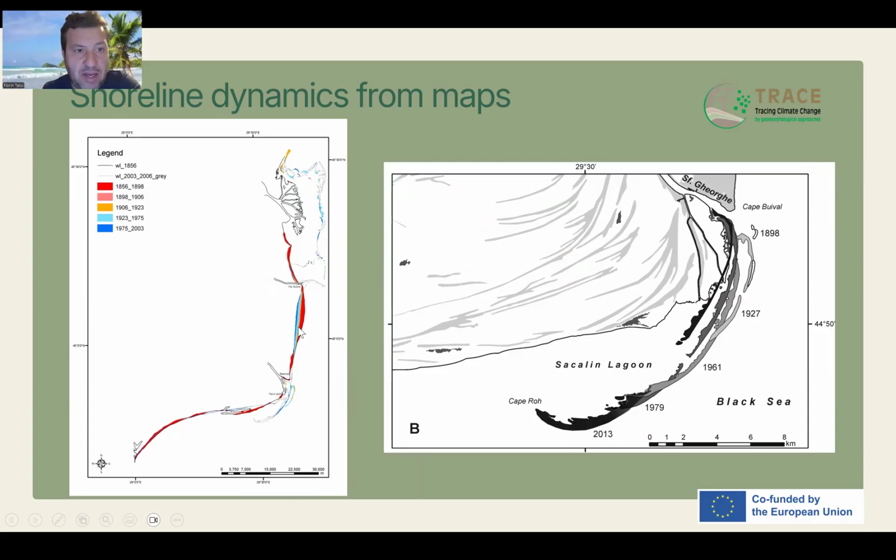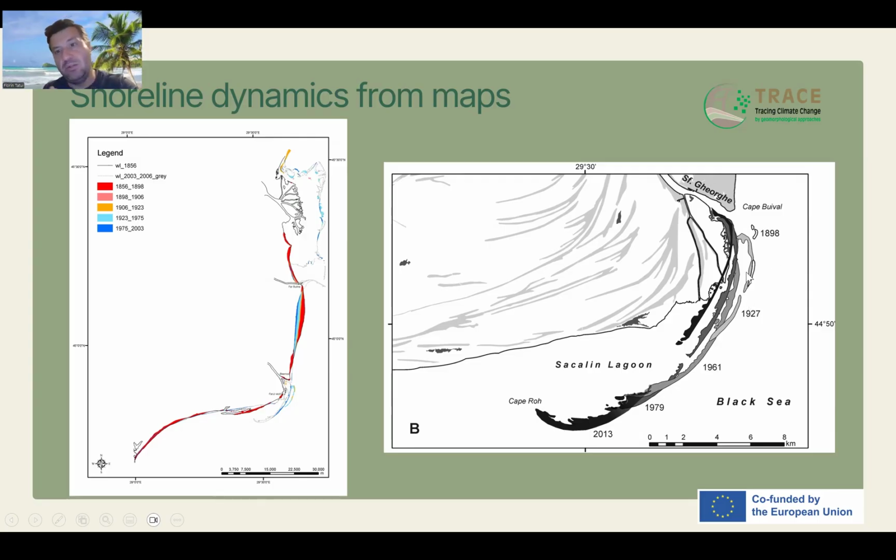And for instance, in this area you can see a continuous erosion from 1856 to 2003. You can see accumulation in this northern part of Kilia, and the dynamics of this spit, which is called Sakhalin spit, is detailed here. And you can see its evolution from 1898 to 2013 through continuous elongation and also rollover.